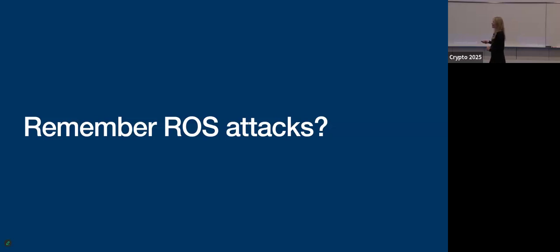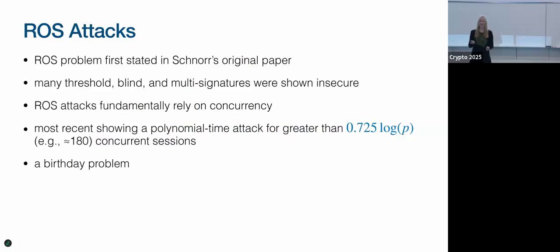So some of you may remember in recent years, there was a long line of work on ROS attacks. And I'm going to make some connections with some of the work here with ROS attacks, highlighting both some similarities and some important differences. So the ROS problem was first stated in Schnorr's original paper. And the ROS attacks have affected a number of threshold, blind, and multi-signature schemes, including those that are compatible with Schnorr verification.